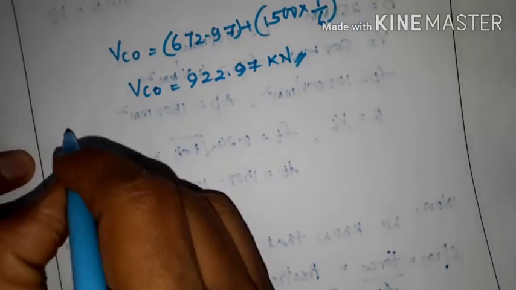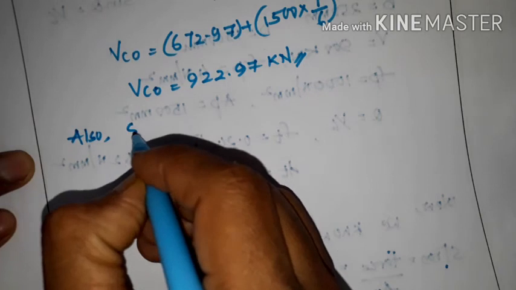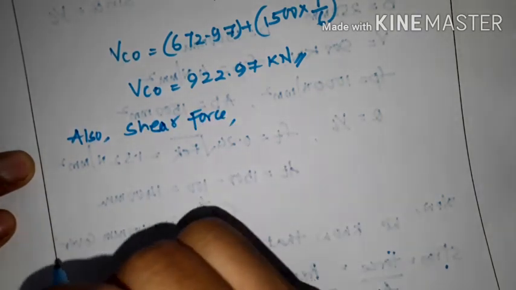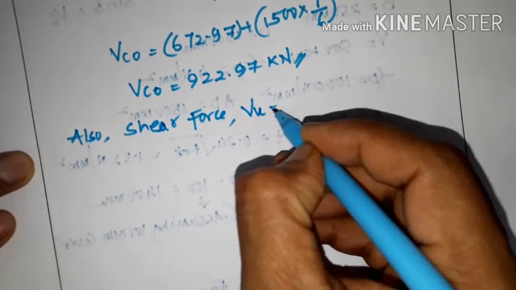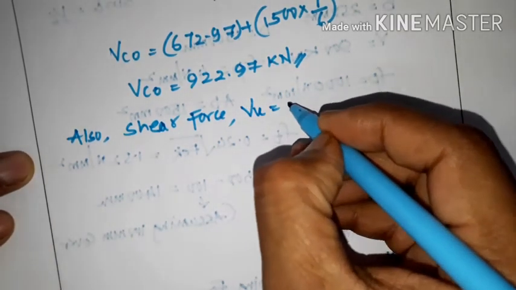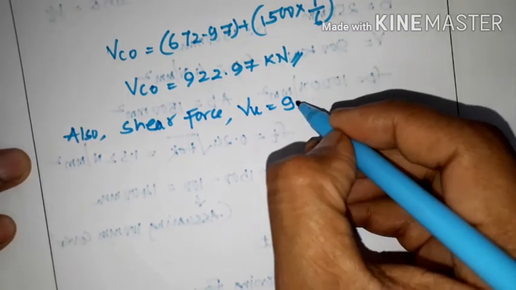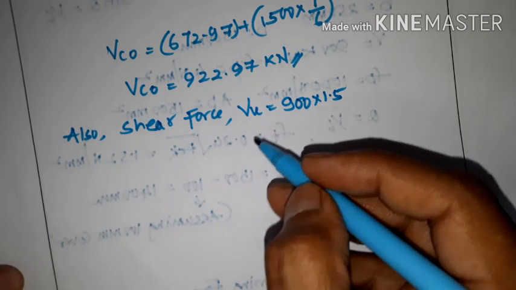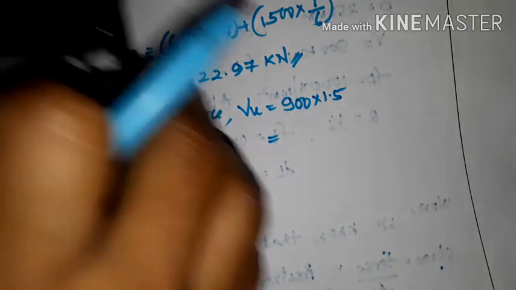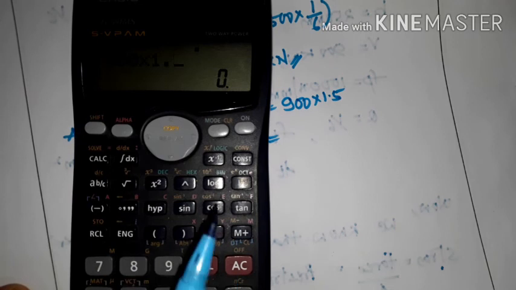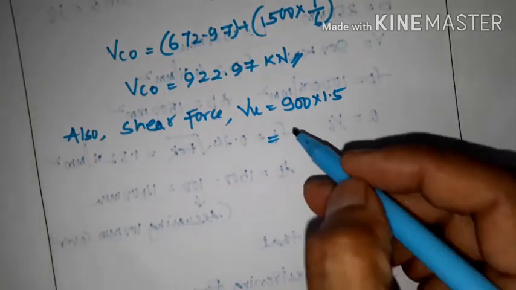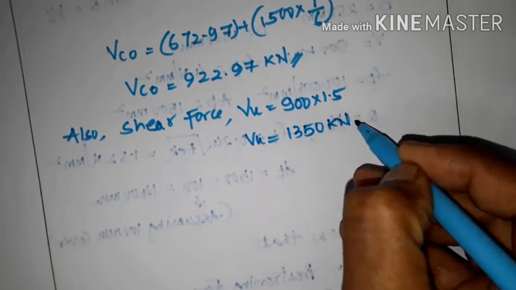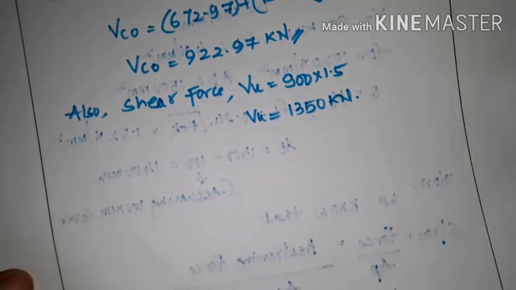Also, the shear force Vu is equal to 900 into 1.5, so we get 1350 kilonewton. Vu is 1350 kilonewton. Now we have to compare.